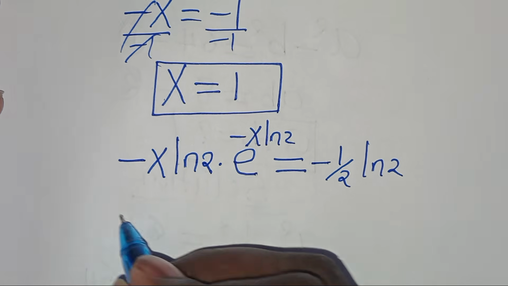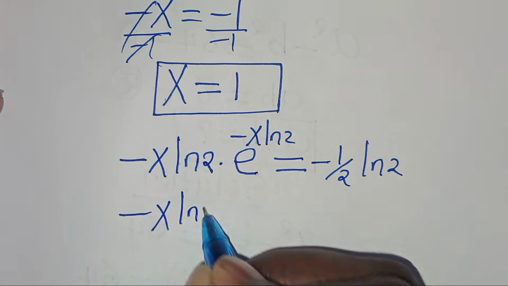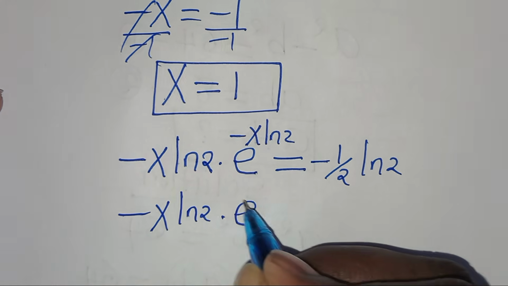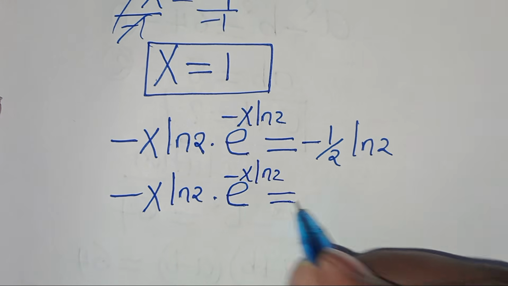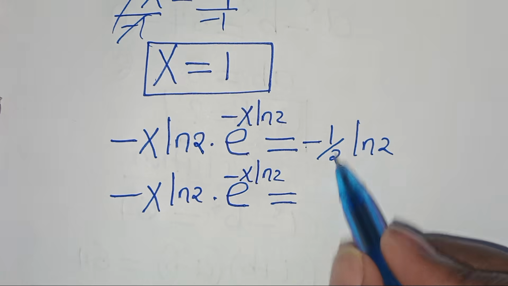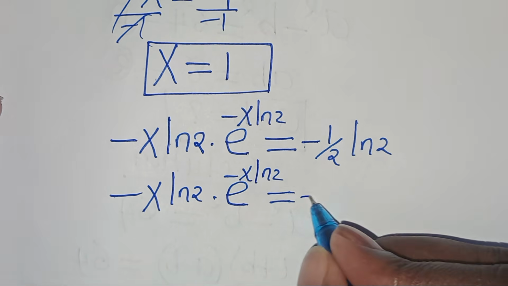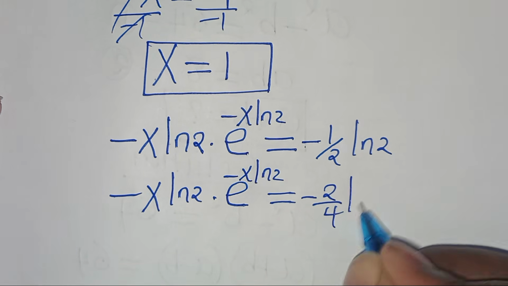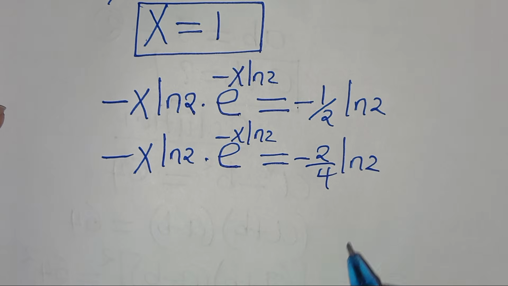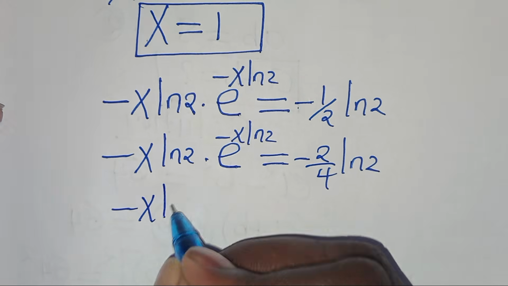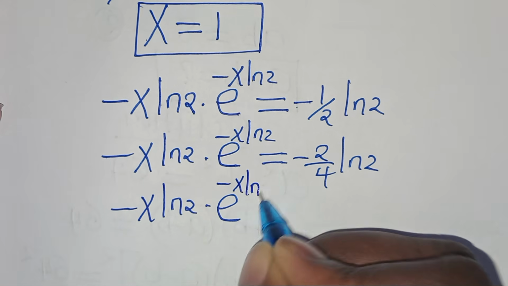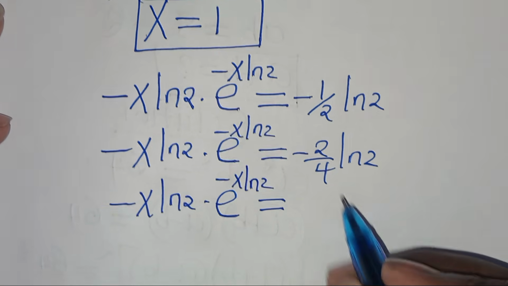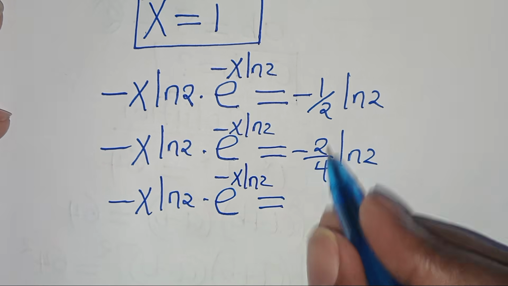We can express negative half as minus 2 over 4 ln of 2.